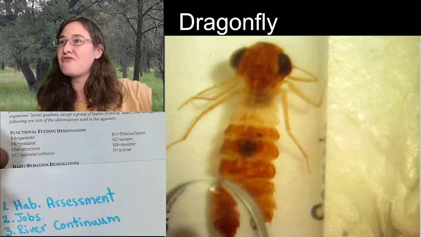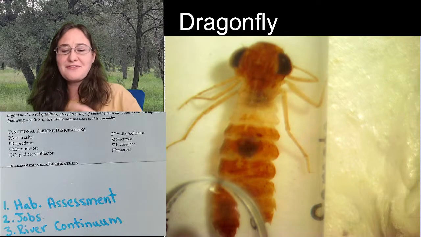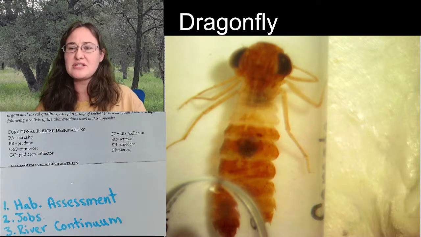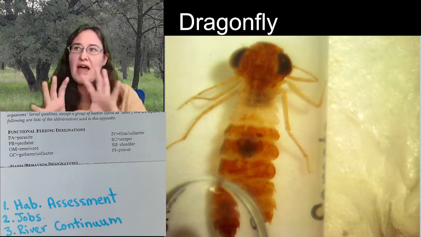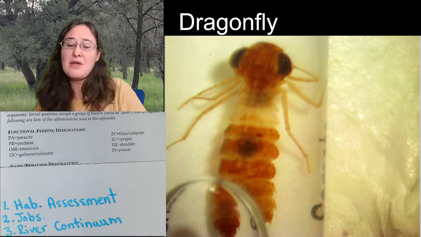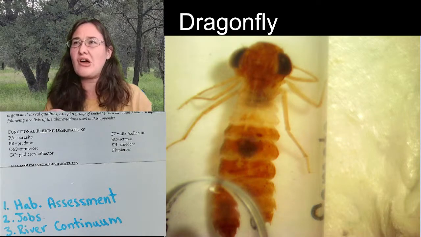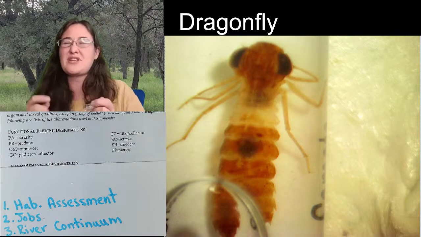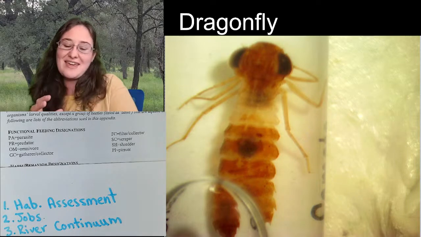We can have what we call a gatherer or collector. A lot of gatherers or collectors are insects that are going to be crawling around on the benthos, on the bottom of the stream, and they're going to be looking for dead plant material or things that are breaking down, decomposing, so that they can collect and eat it.